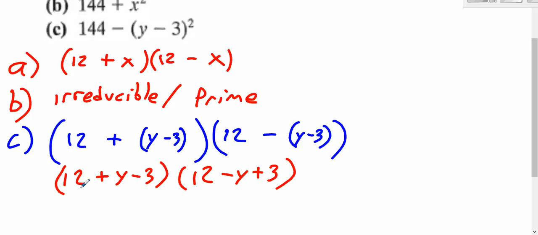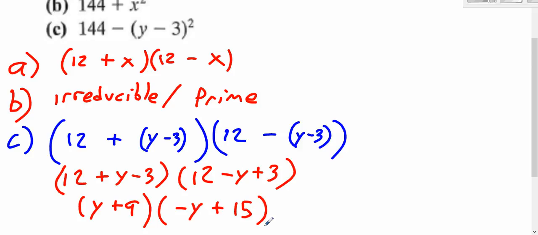We can combine the 12 and the minus 3 to make this be y plus 9. And we can combine the 12 and the positive 3 to get 15. We have a negative y. If you wanted to, you could have written that the other way, like 9 plus y and 15 minus y. Either one's okay.